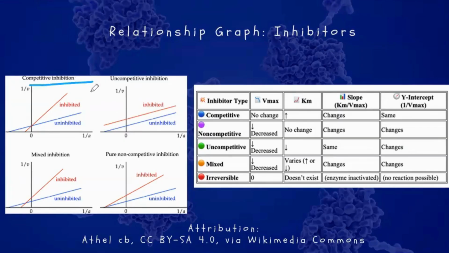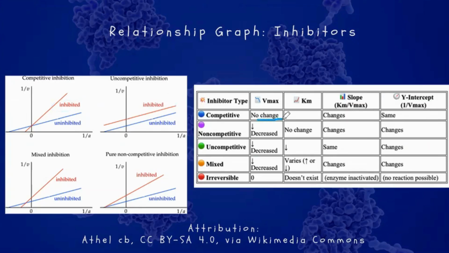And then you have competitive inhibitors, which we talked about, comparing the fact that we have an enzyme, we have the active site, and we're competing for that one spot. And that competition means that the inhibited is going to have no change in maximum velocity, and then there's going to be a greater increase in the affinity between the enzyme and substrate.